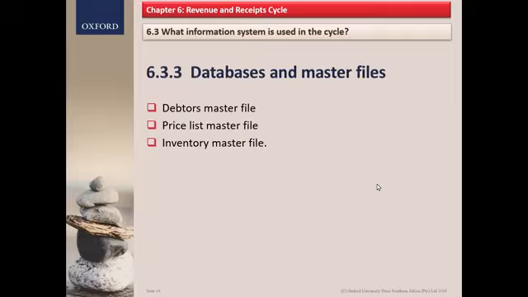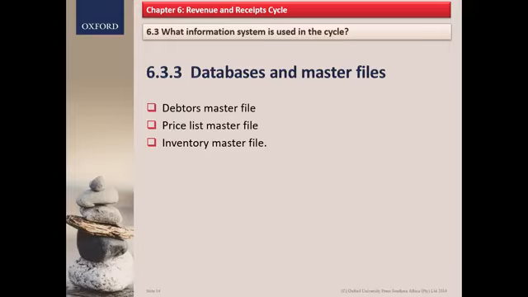So in a computerized environment, we find that there are databases for debtors master file, and there are internal controls pertaining to who is authorized to get into the debtors master file, also the price list master file and inventory master file, as part of the control.